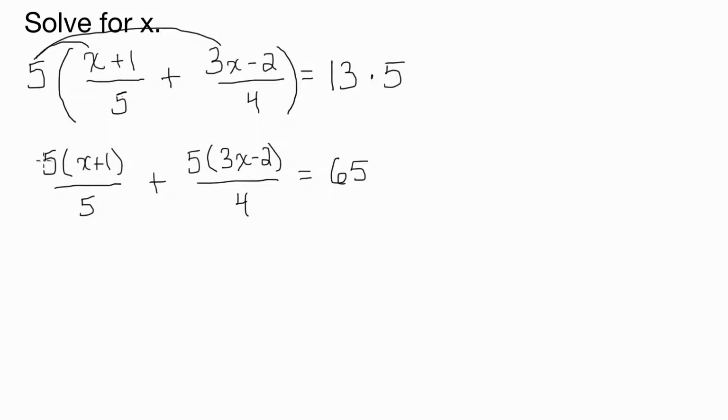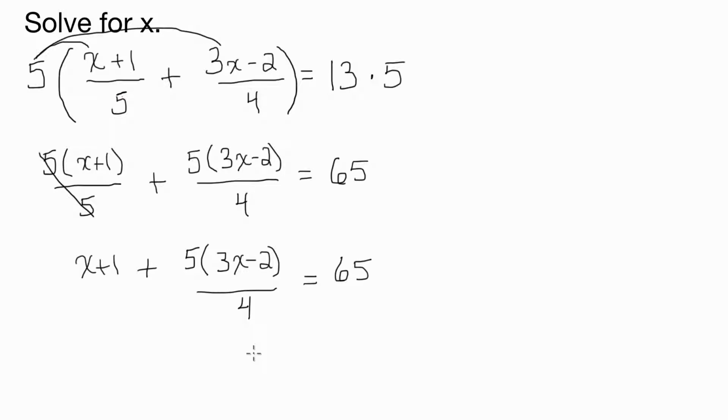Okay, look at this. Check your later denominator. Now I'm down to x plus 1 over 1, which I don't have to write, because my denominator is gone, plus 5 times the quantity 3x minus 2 over 4, and that equals 65.